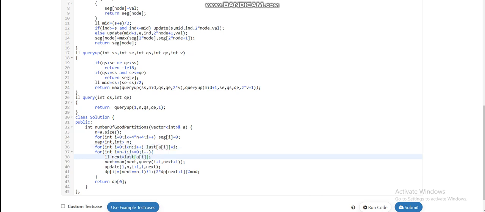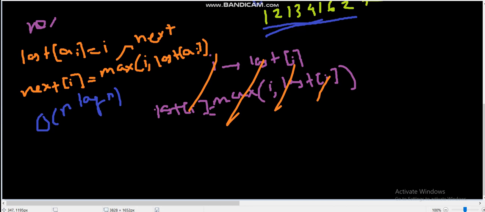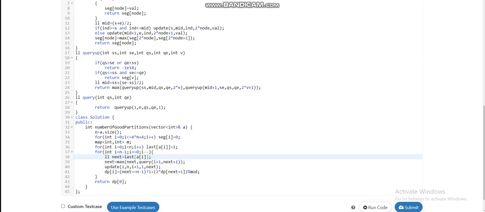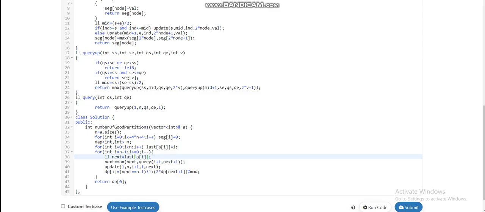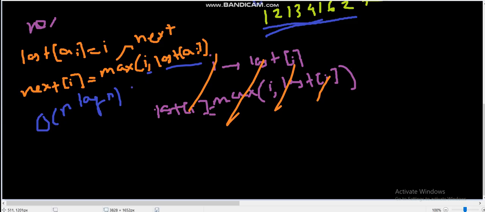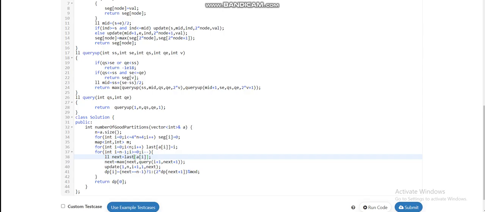Now we are taking the next value as the maximum of next comma, we are querying over I plus 1 to next plus 1. I have already told we will be querying over I to last of ai, and we are also taking last of ai into consideration, because we will update the segment tree after the current operation. So I hope you got it. You can take from I plus 1, and we are also taking the max of last of ai. That's what we are doing here.